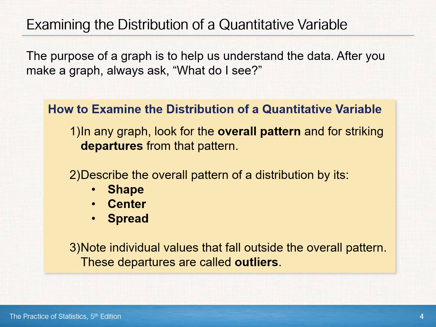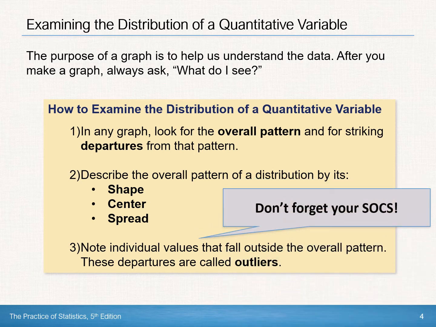If you notice anything that really doesn't follow the overall pattern, we call this an outlier. You want to make note of that as well. And I will summarize this by saying don't forget your socks, right? Don't forget the shape, the outliers, the center, or the spread.